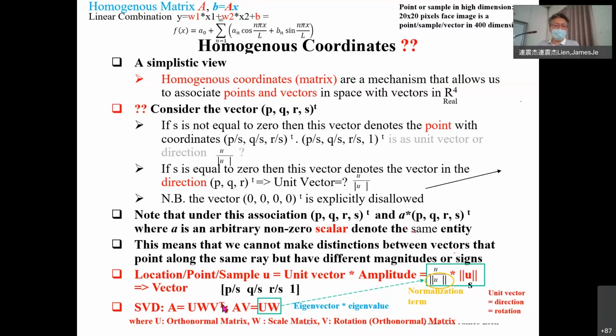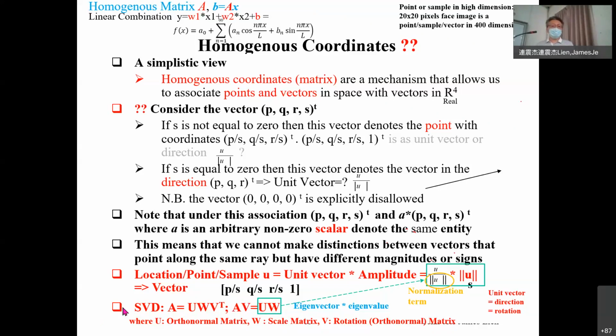So if I move the V to the other side, what's the meaning of the eigenspace? Eigenspace means from the original space A, after you rotate to the other new space called V, actually A before you rotate.